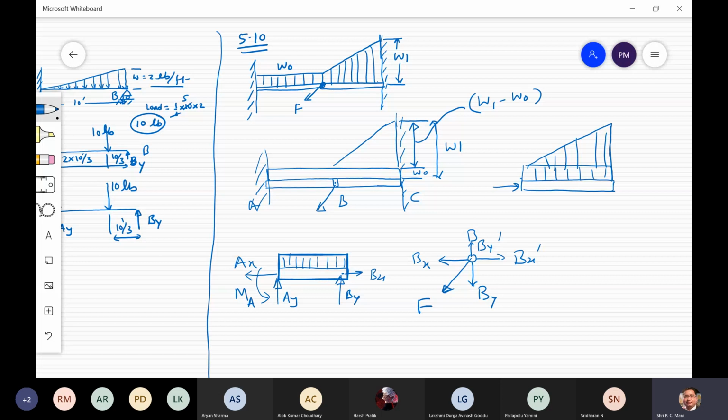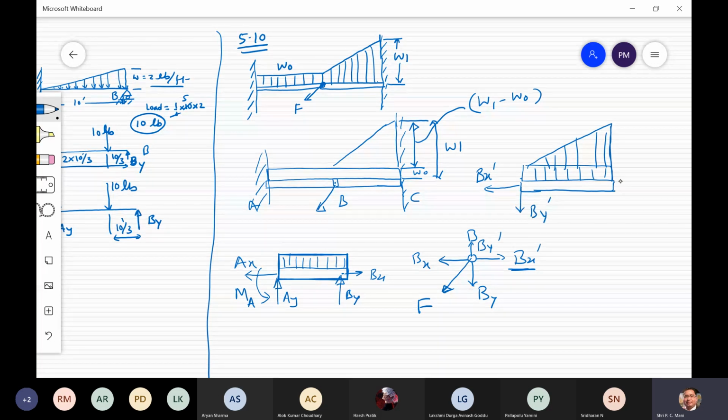So this will be, sorry, opposite to what we have taken, this is Bx prime, and By in the upper direction, so this will be By prime.